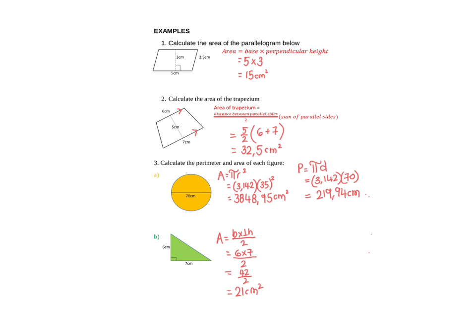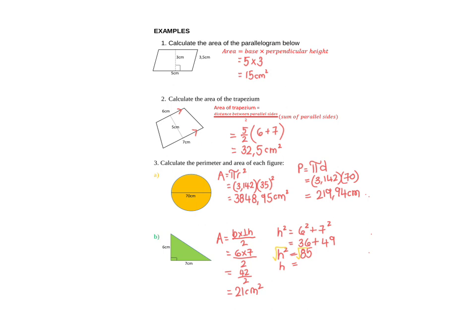So we have to work out the hypotenuse. The hypotenuse squared is equal to 6 squared plus 7 squared, and that is equal to 85. But remember, we don't want the square of the hypotenuse, we want the hypotenuse itself, so we square root each side. That's your inverse operation.